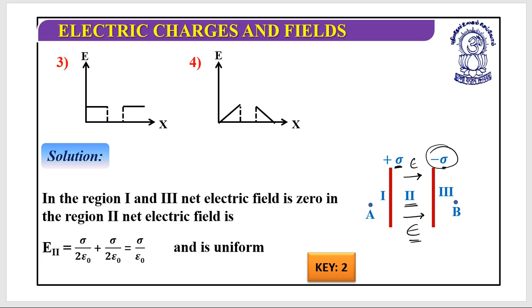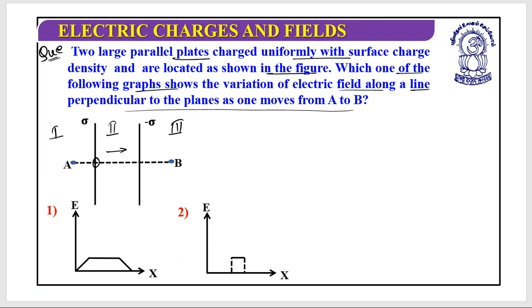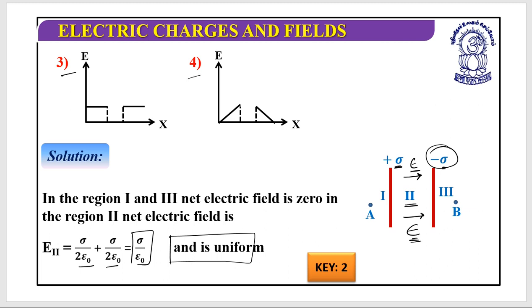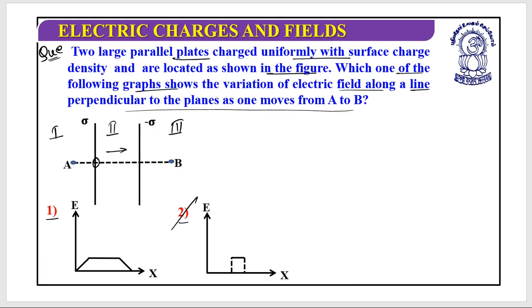The directions due to both the electric fields are equal, so it is sigma by 2 epsilon naught plus sigma by 2 epsilon naught, which is sigma by epsilon naught, as 2 sigma and the 2 cancel out. So I found easily that this electric field is uniform. If I closely observe these four graphs, I find that my answer should be the second graph.